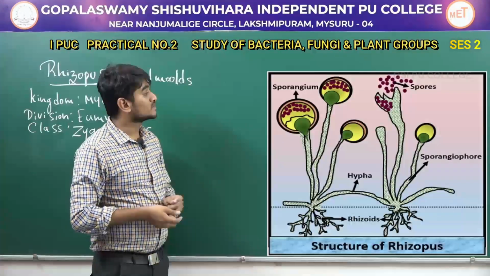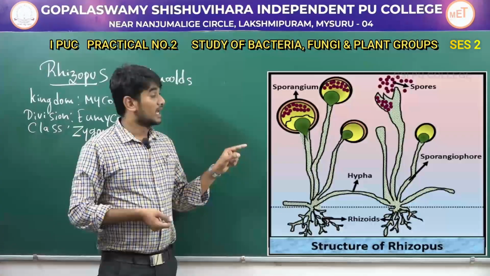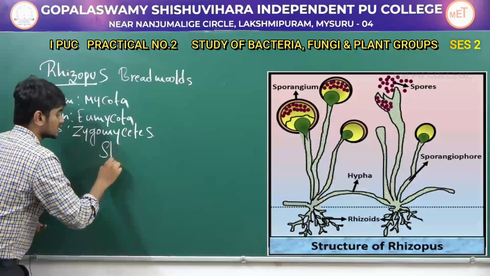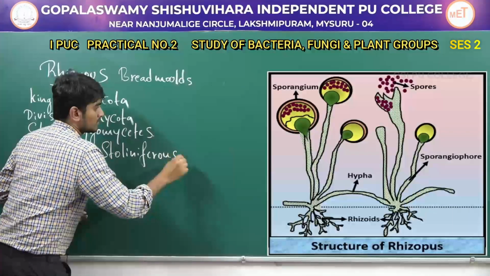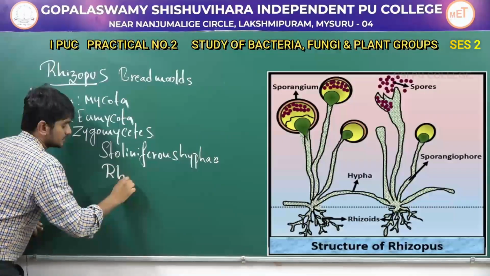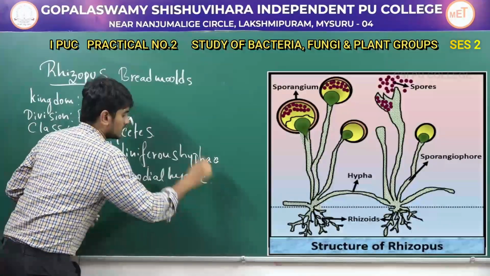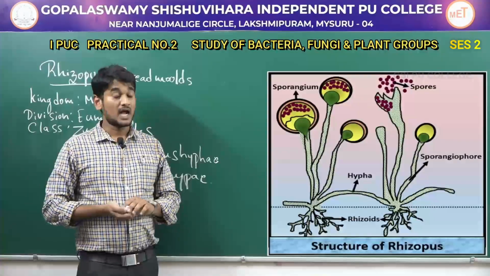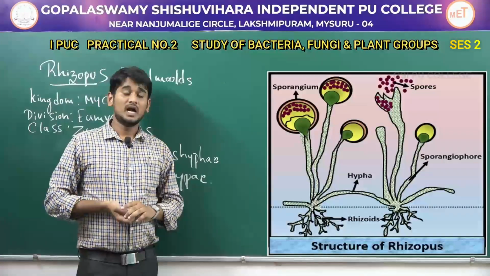In Rhizopus, we can observe two types of hyphae: stoloniferous hyphae and rhizoidal hyphae. The stoloniferous hyphae grow parallel to the surface, and the rhizoidal hyphae grow vertically.